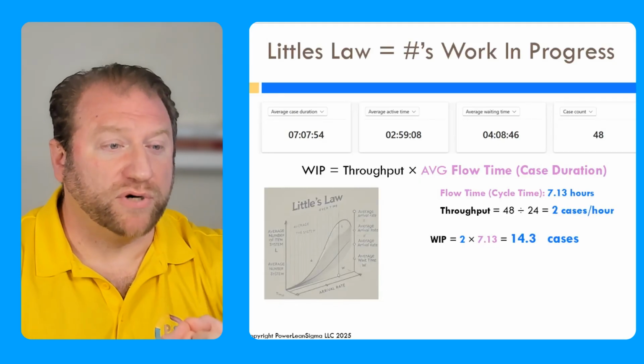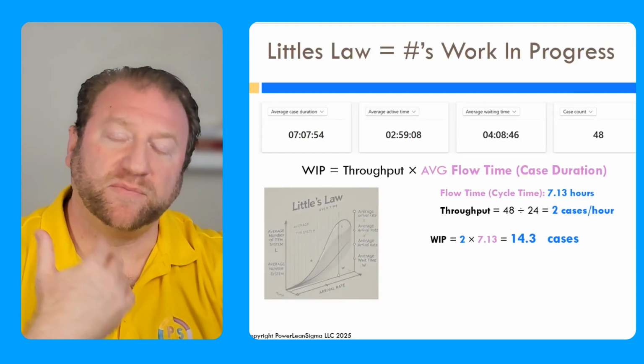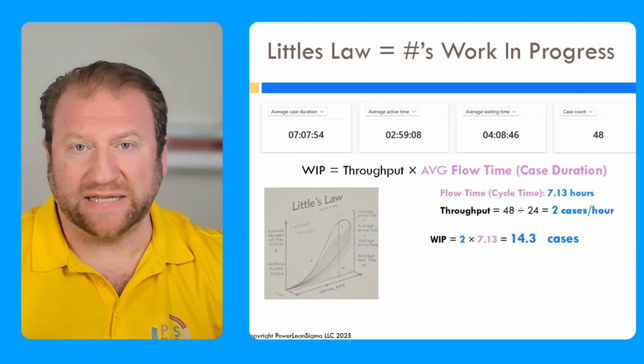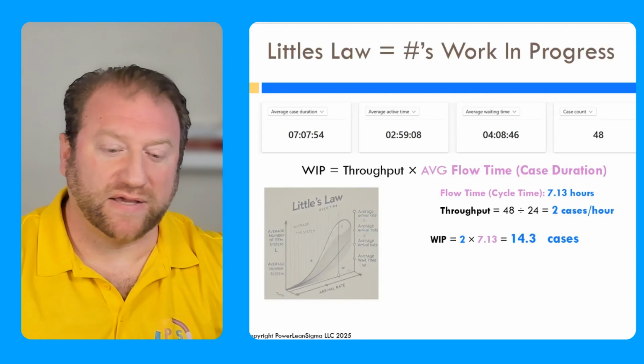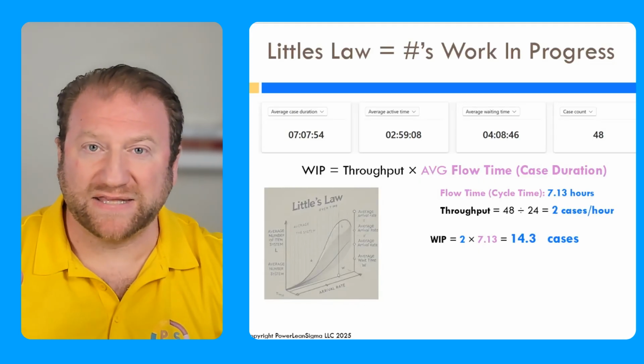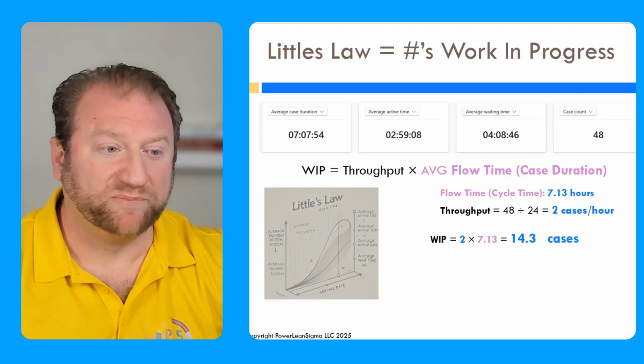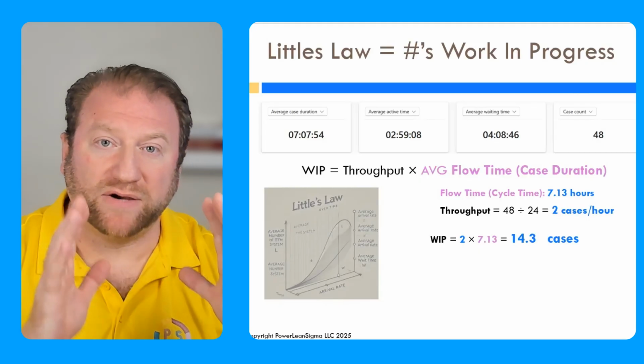Now, our throughput is determined by how much comes out by the end of the day. So if we say, look, we have 48 cases and the 48 cases finish within 24 hours, we can actually calculate that.